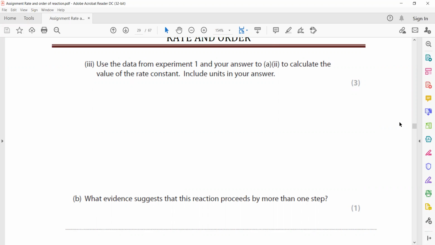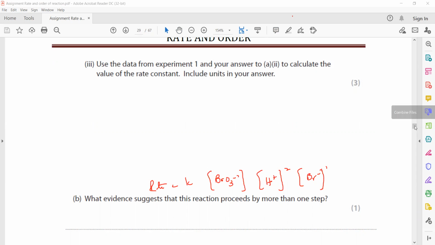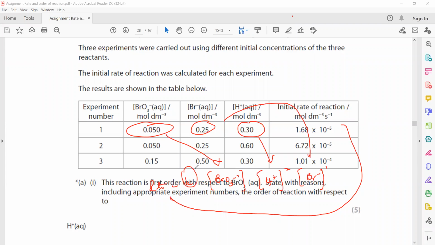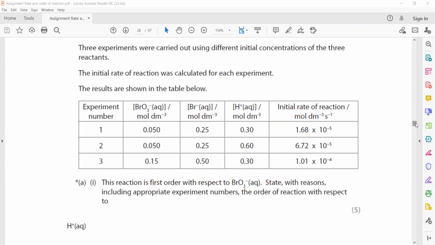We will substitute the values for experiment 1, all the concentration values are given. We substitute in the formula, and we'll get the value for k, with an appropriate unit.